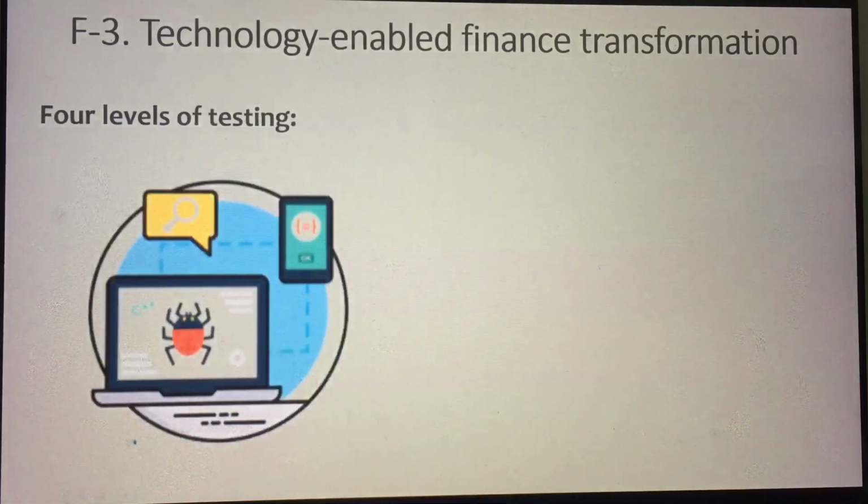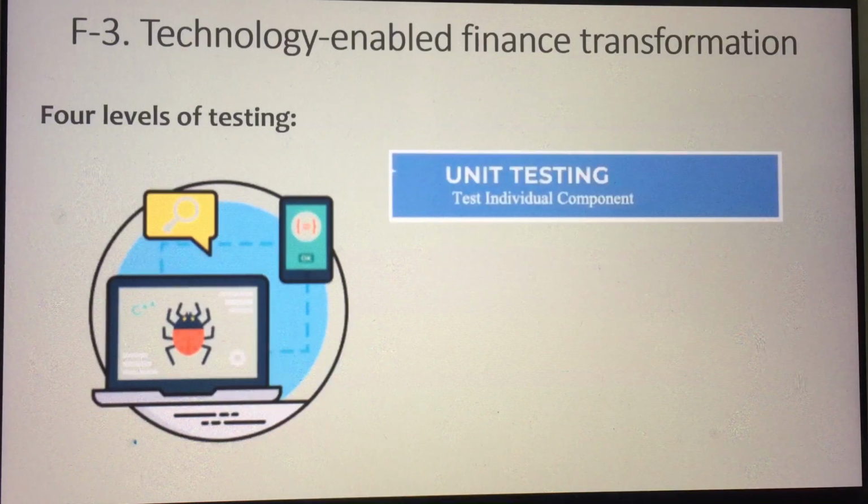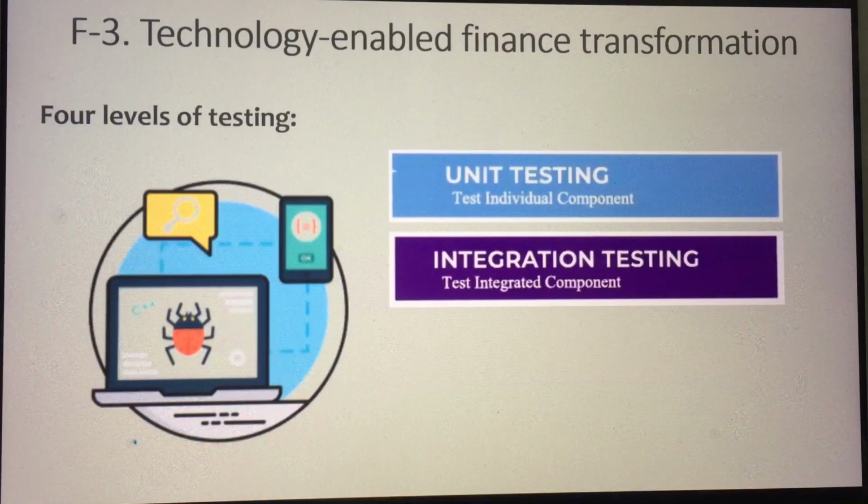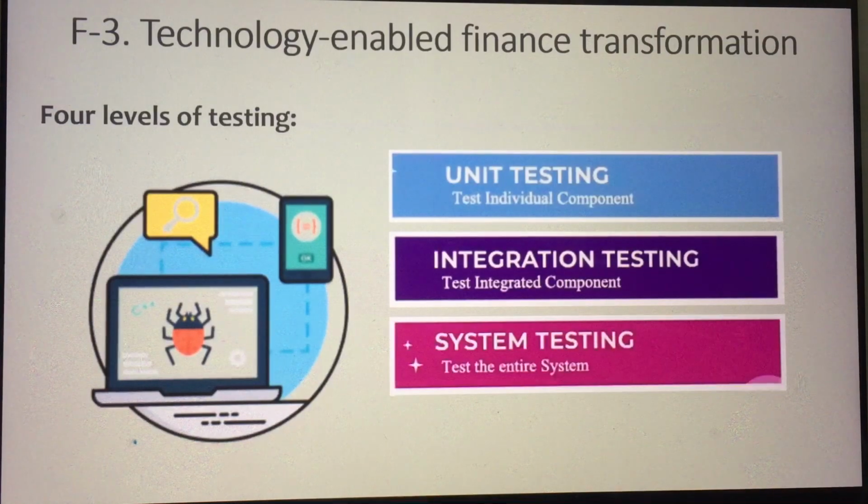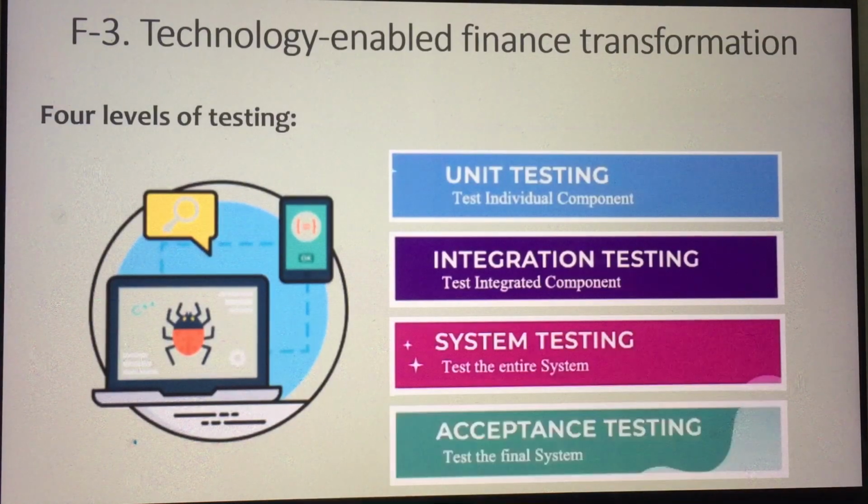Okay? And then we have 4 levels of testing, guys. We have our unit test, we have our integration testing, we have our system testing, and you have your acceptance testing. Now let's try to discuss them and differentiate them one by one.